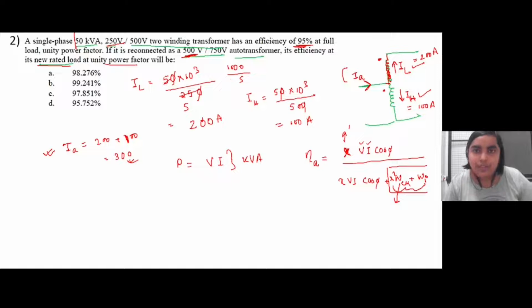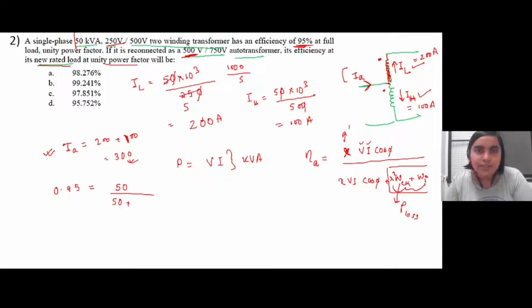So from the previous connection, let us calculate this loss. So we have efficiency, which is equal to 0.95. It is equal to the volt ampere rating, 50. Let us keep this in kilo units only, like 10 to the power 3. So it is 50 plus, let us denote both of these as P loss, right?